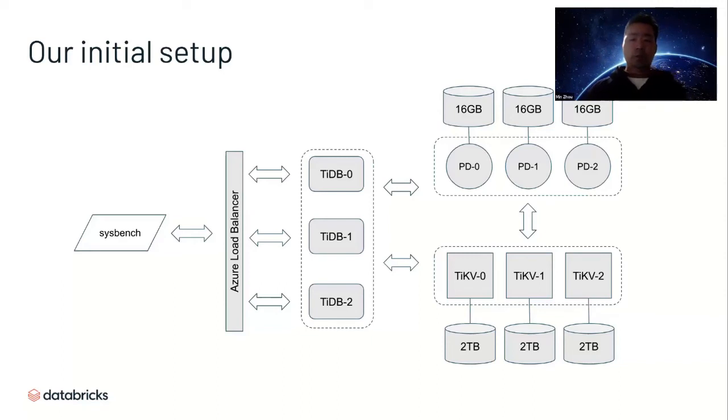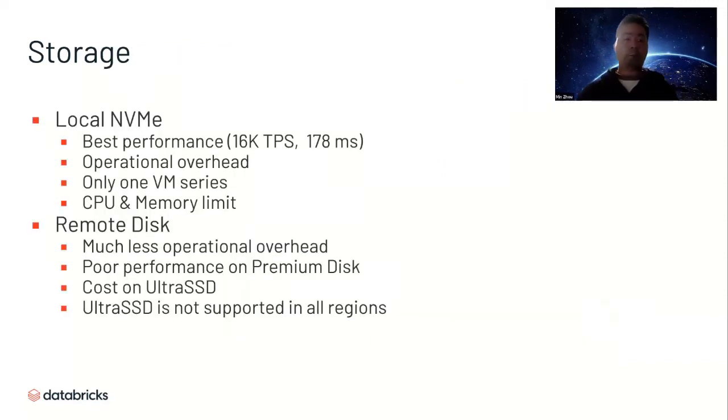The first thing we want to figure out is whether we want to use local NVMe disk or remote disk. After our benchmark, we can see the local NVMe has better performance, but it will give up a lot of operational overhead because it's local.